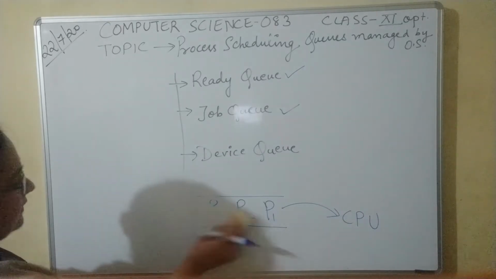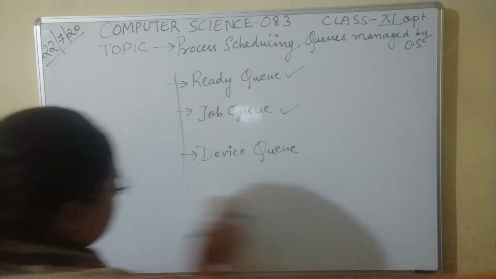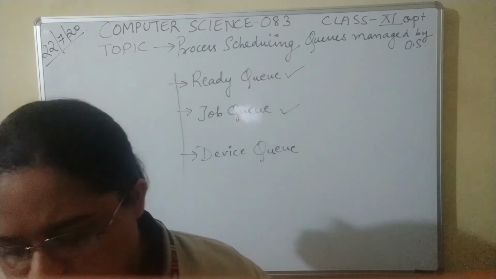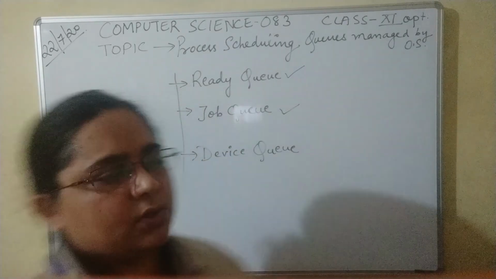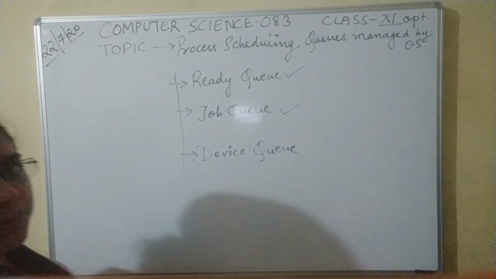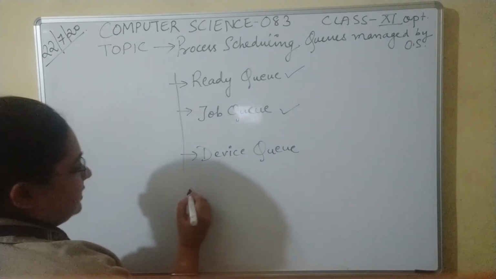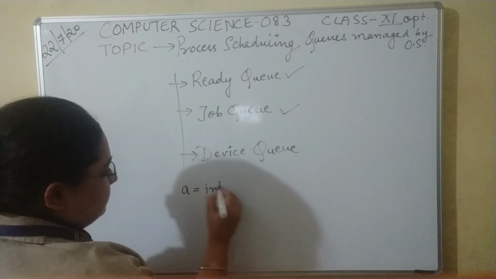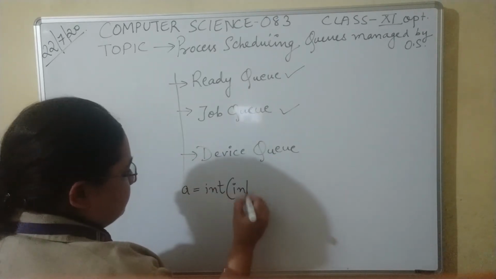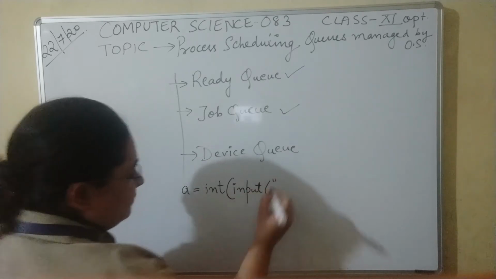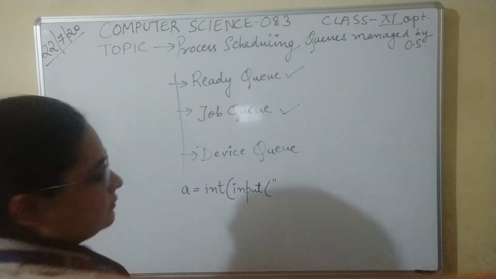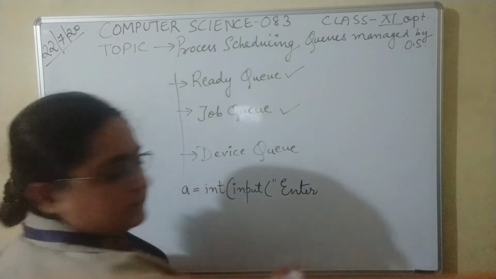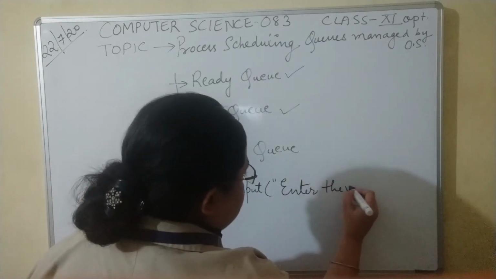Now, the last one is the device queue. Now students, we have seen that not all the statements in a program are to be executed by the CPU. Some statements are like these: Enter the value.